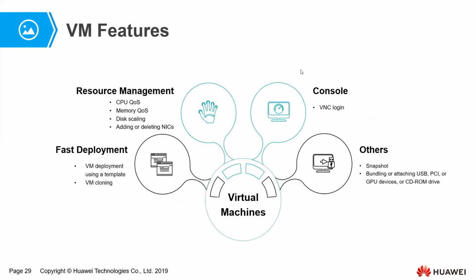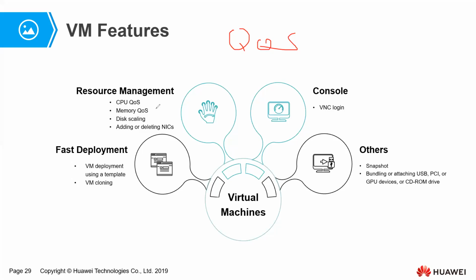So let us look at our virtual machine features. It's already 9. Okay, we're going to cover this briefly. Bear with me, we're about to finish the class for today.